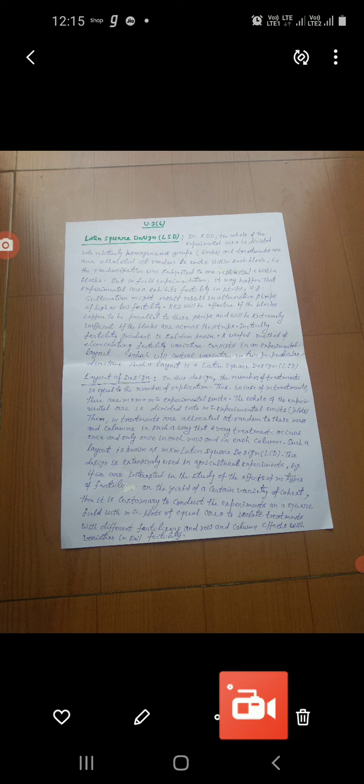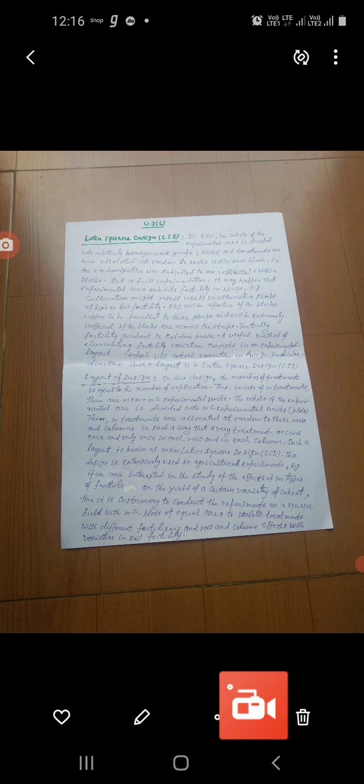This is an important line. Each treatment occurs once and only once in each row and in each column. It means there is no repetition of a treatment in any row or column, and such a layout is known as m cross m Latin square design, LSD.